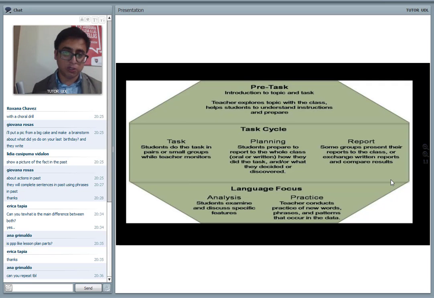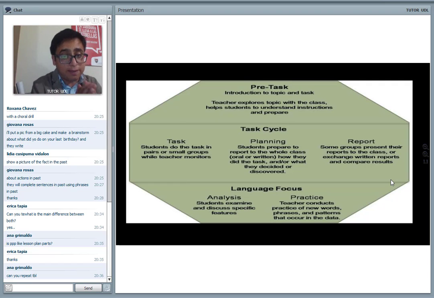So once the teacher introduces the topic, we have to go to the second stage that has 3 stages as well. That's the task. Here, the students do the task in pairs, remember, or small groups. And the teacher, of course, monitors the activity.